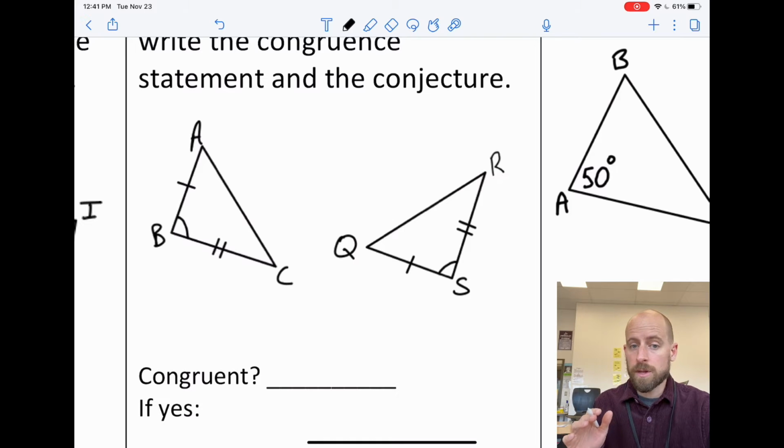There's not a congruence mark on angle A, on angle C, on angle Q or on angle R. And that side length, AC, has no mark on it, no label of how long it is, no tally marks. So we're just looking for the clues where they exist.